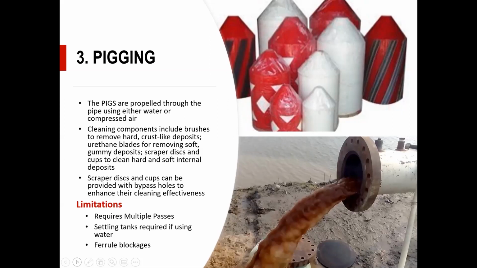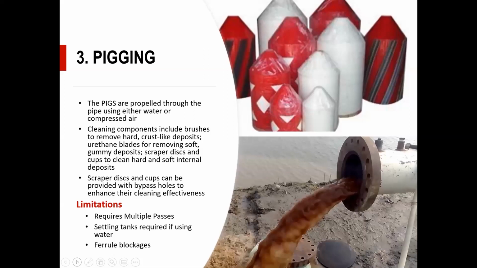If you're using water, at the exit point you will need to put in settling tanks so you can collect any debris that's coming through. That will settle to the bottom of the tank, and then the cleaned water can be filtered off into normally a foul water pipe.